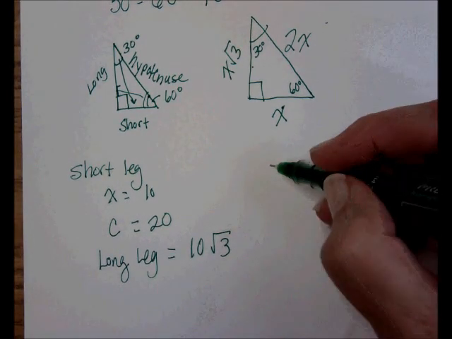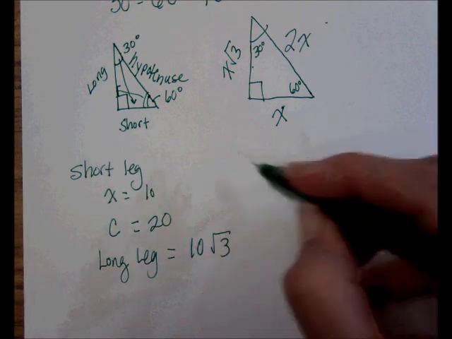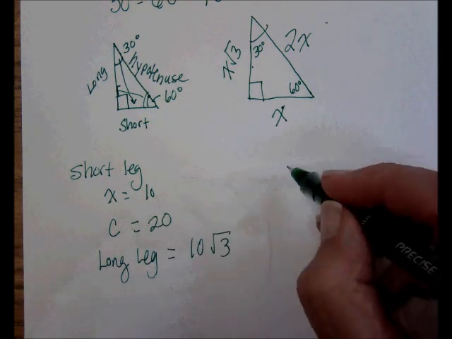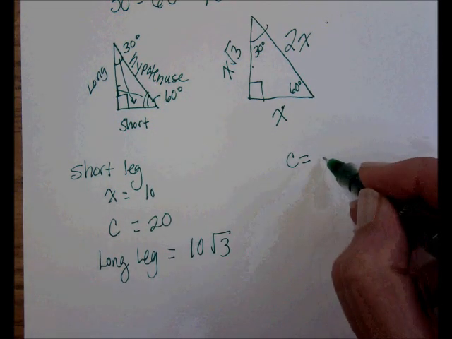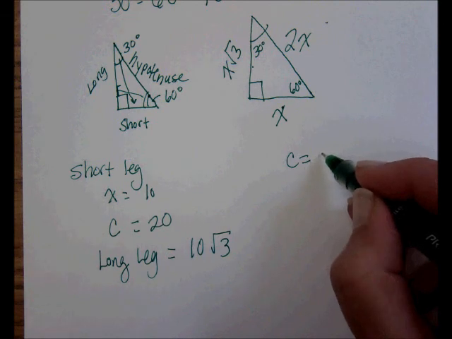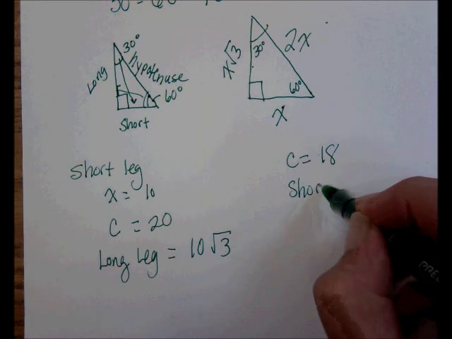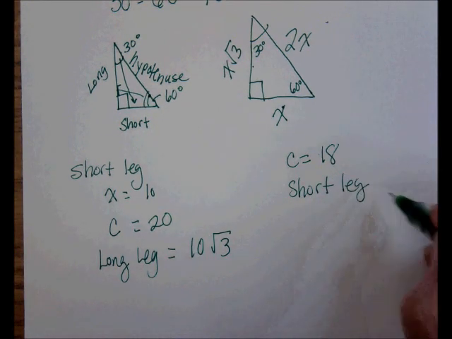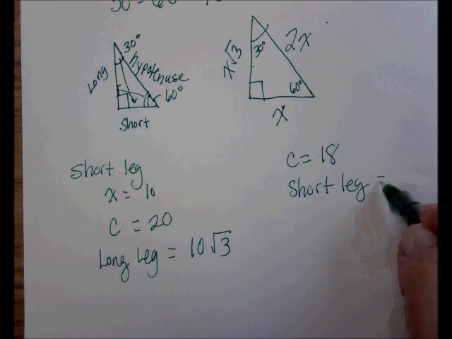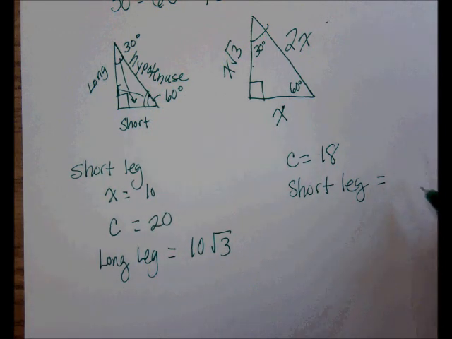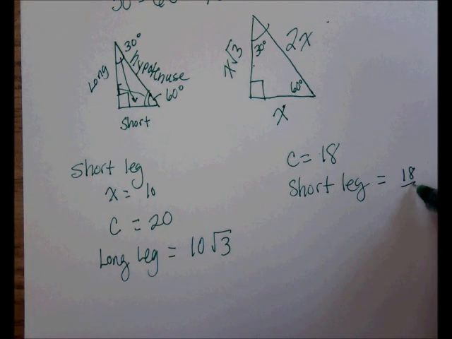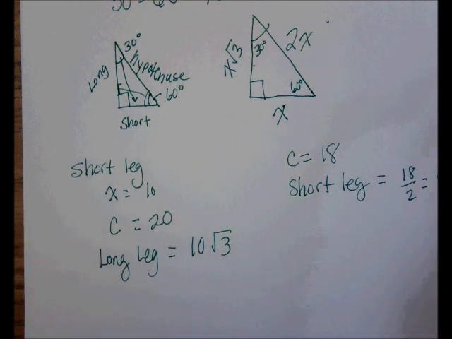Now, when we know the hypotenuse, or c, is equal to, let's say, 18, I know my short leg is going to be equal to 18 divided by 2, or 9.